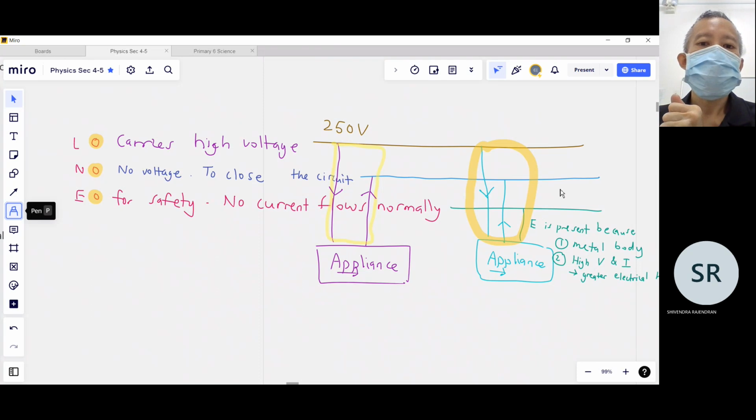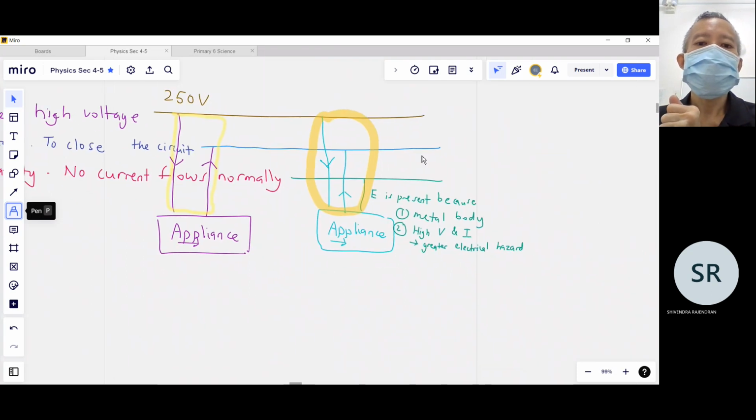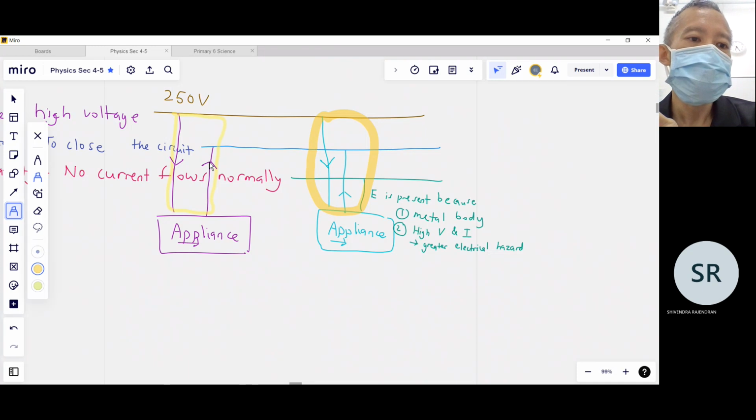From the live, current flows through the appliance and returns to the neutral. Take note, the earth has no current under normal operation.